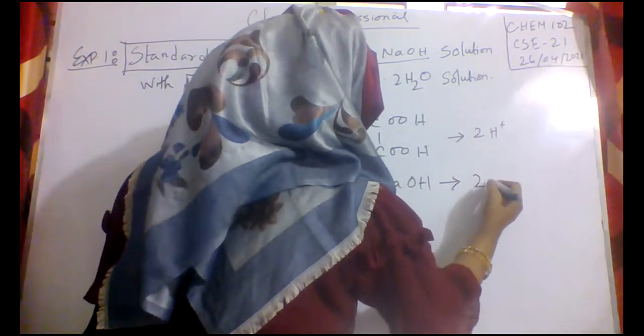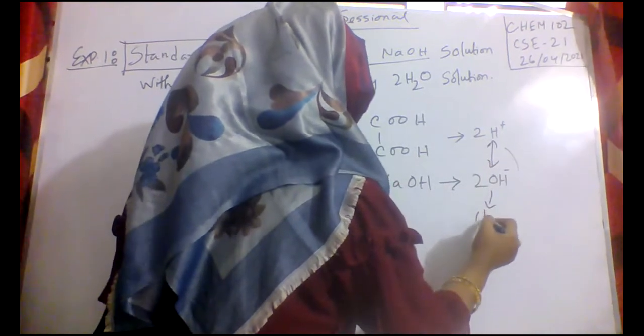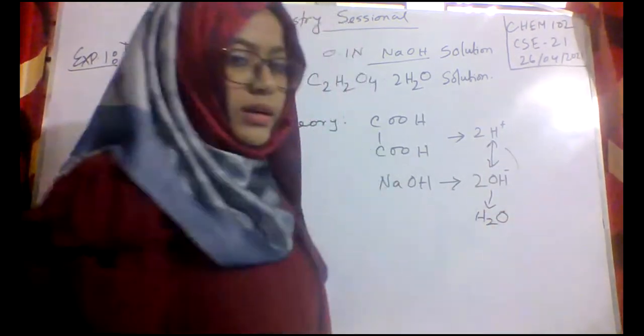You know the oxalic acid can release 2H plus ions and sodium hydroxide can release hydroxide ions in aqueous solution. Okay, so here these two will make water, or neutralize each other.